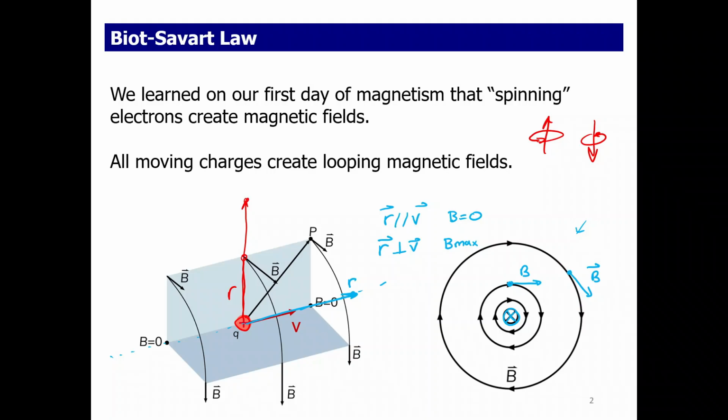Now notice that my charged particle is going into the page, and I'm making a loop that is in the clockwise direction. If that charge was coming out of the page, it's going to create loops in the opposite direction. So it's going to be important to understand the shapes that are made by these different charges and the directions that they move.